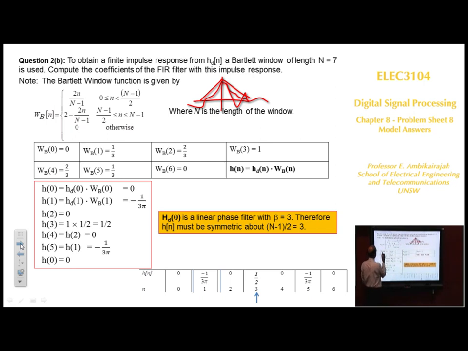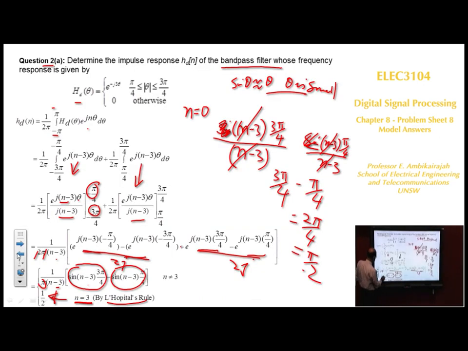So first you calculate the window value at 0, 1 by substituting here, and 2, 3, 4, 5, 6, because the window length is 7. You calculate the window, and then you calculate from your previous one, from here, this is the h(n).